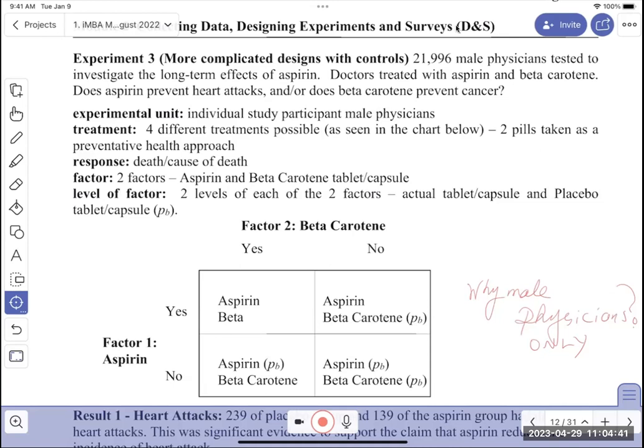And the way you're going to do that is making sure that these treatment groups, so here they are, the treatment groups, there's 4 of them that I'm going to explain. You want enough in each group. So you want about the same amount in each group. So with 22,000 divided by 4, there would be about 5,000 in each group.